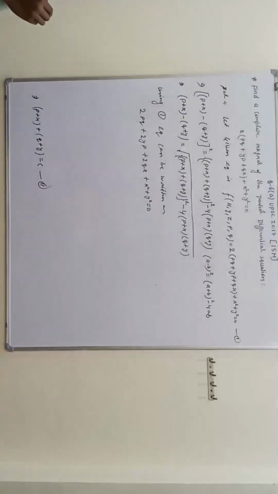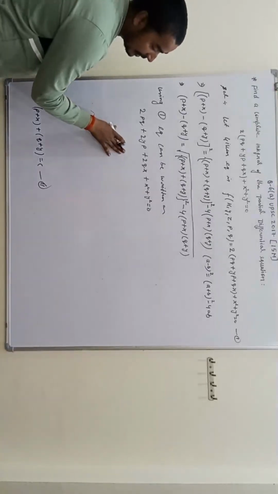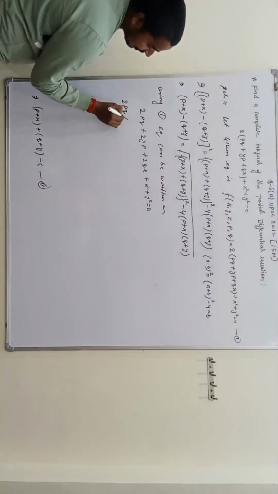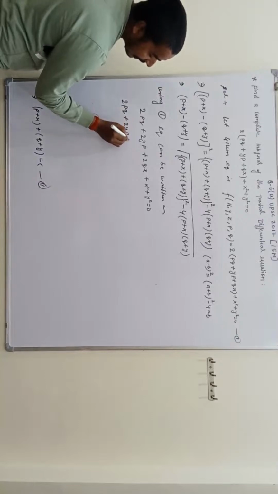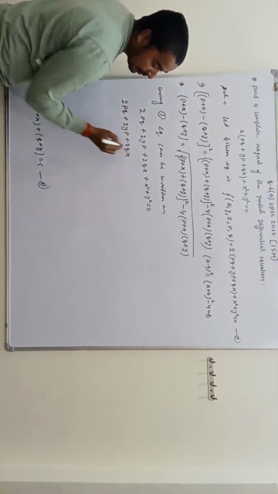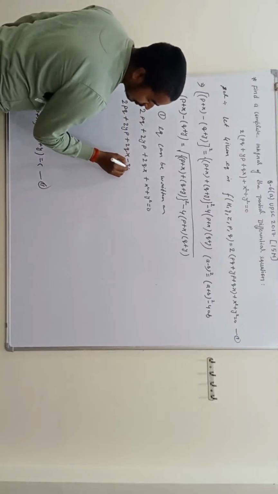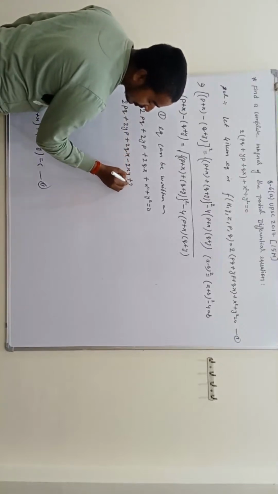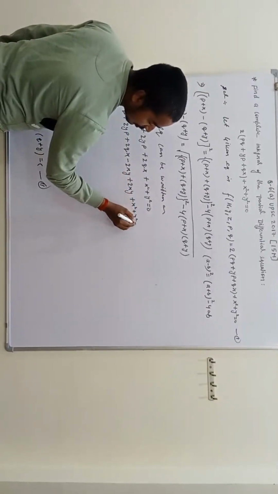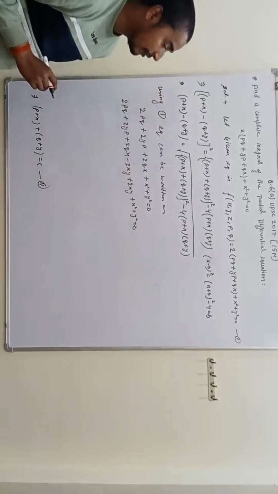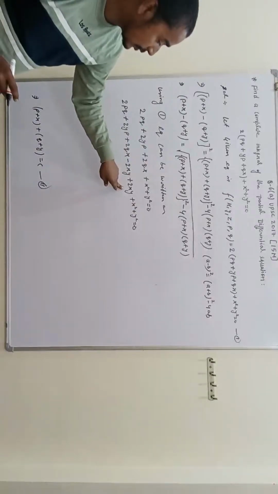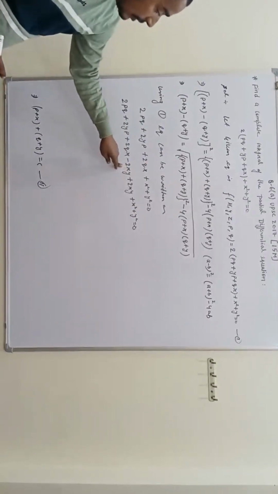From here we add 2pq plus 2yp plus 2qx, and minus 2xy and plus 2xy, plus x square plus y square is equal to 0. This has no effect on the above equation, since we add plus 2xy and minus 2xy.